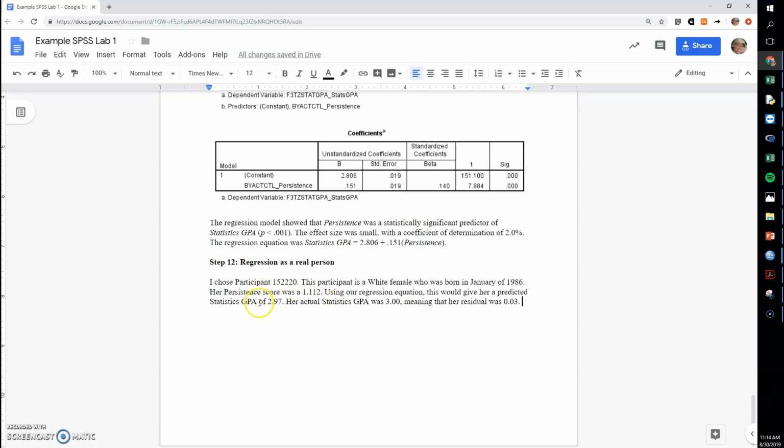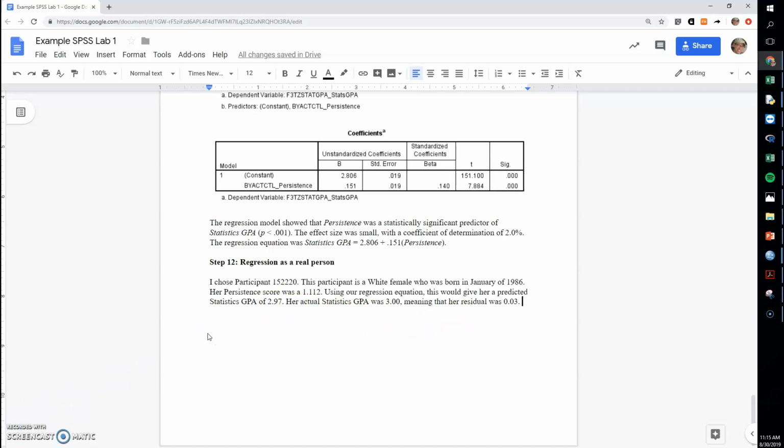We would have predicted her as getting a 2.97, and we would have been very close. I think we just happened to get someone where the regression equation was very good and the residual very small. Because our effect size was not big for this model, you would also have many students whose residuals are much higher. But for this particular female, it did happen to give a good prediction.